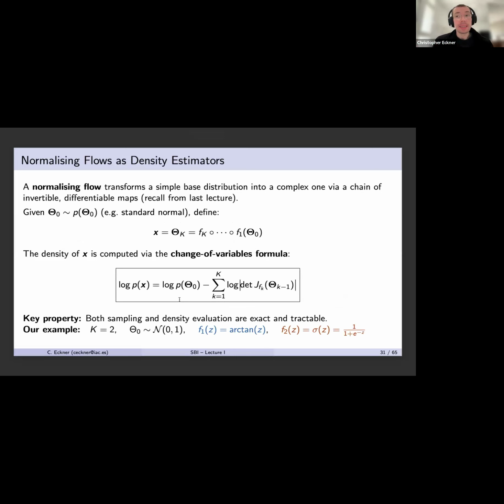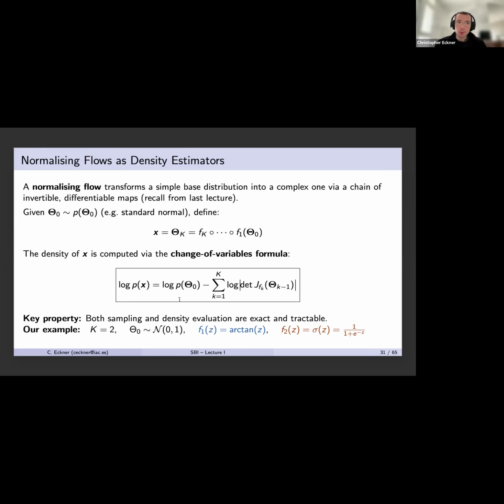Well, that's a tricky question, and Gabi in the last lecture introduced to you normalizing flows. You can use them as these density estimators for this particular topic. So just to recall what it is, a normalizing flow is a transformation of a simple base distribution into a more complex one.